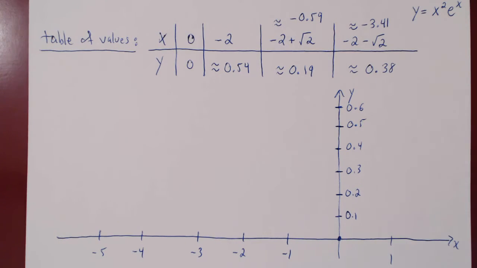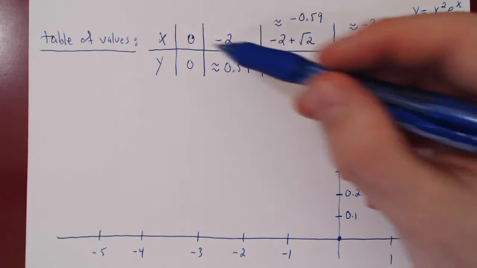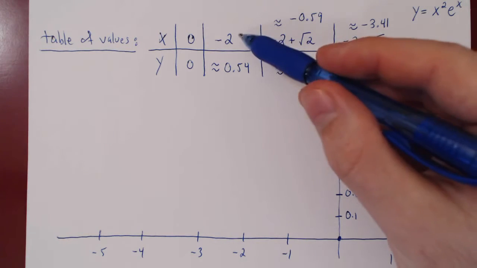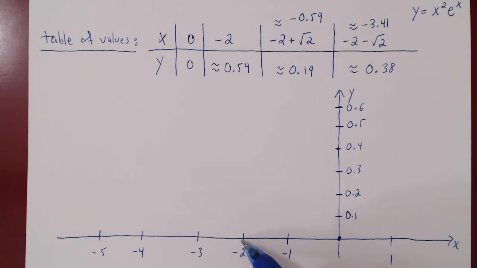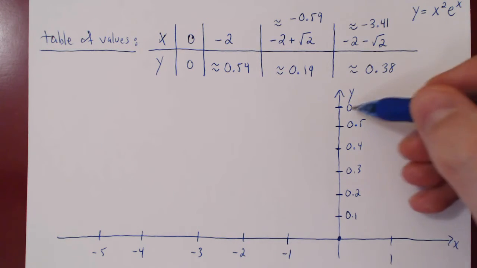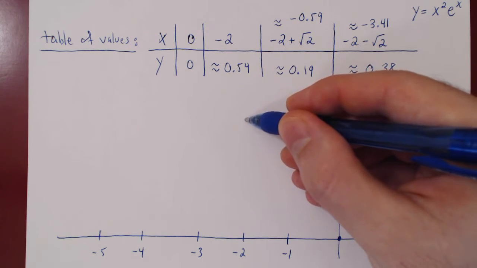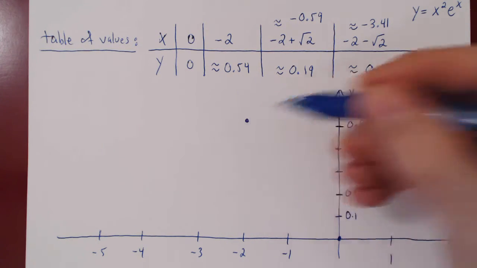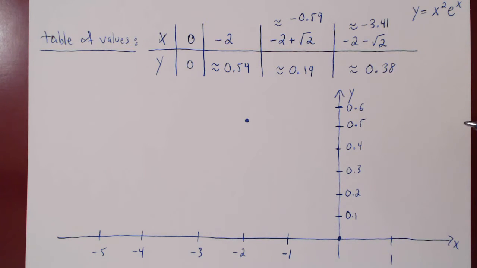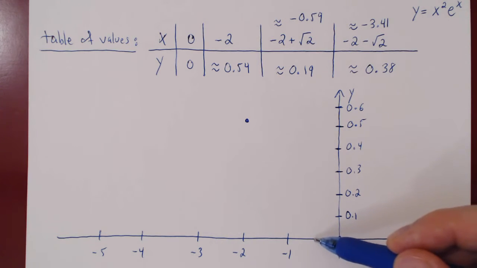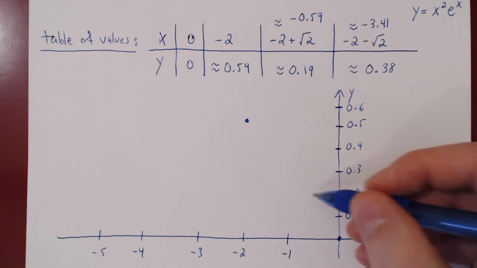And now let's plot our 4 points. The first point was easy, (0, 0). The second point of interest was negative 2, roughly 0.54. So it's almost 0.55. It's going to be about here. Then we had the point roughly negative 0.6. This would be negative 0.5, roughly negative 0.6. And the y value is 0.19, almost 0.2.